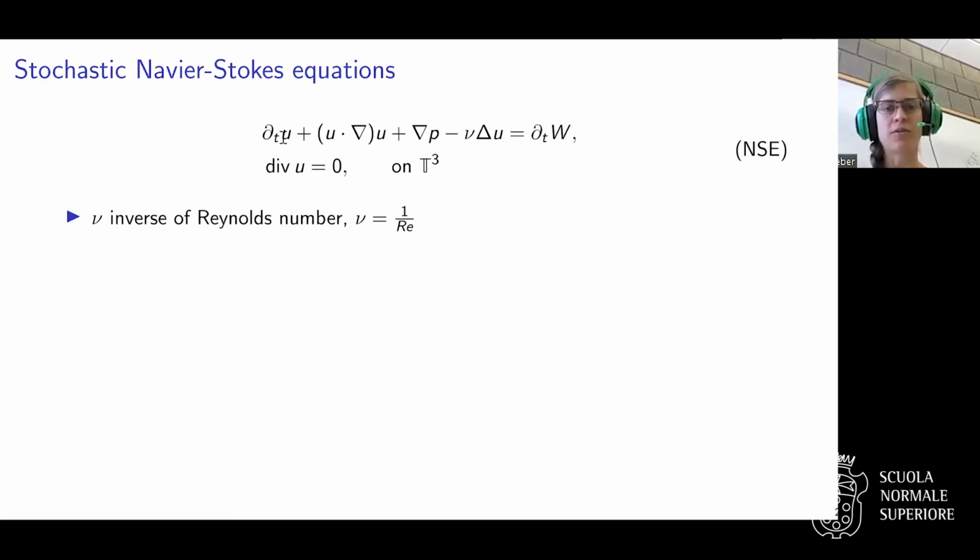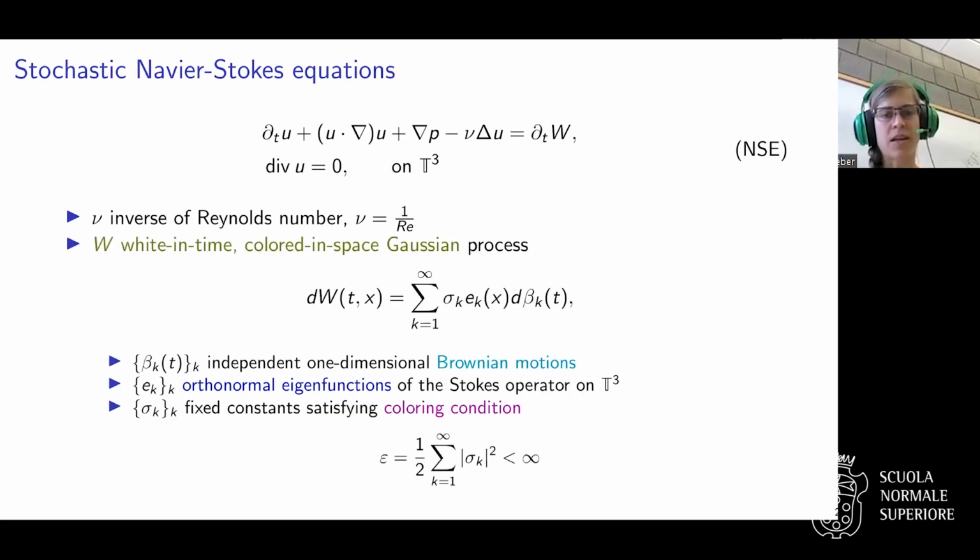Okay, so here u is the velocity field, as usual. p is the pressure, and ν is the viscosity, the inverse of the Reynolds number. We consider this on the torus in R^3, and then W is an additive forcing. It's white in time, colored in space Gaussian process. And here β_k are independent one-dimensional Brownian motions.